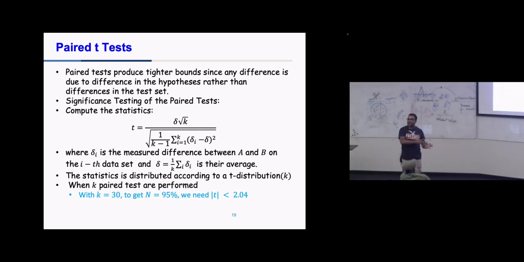You can compare your statistic against that table and see whether it falls in the range or not. Okay? So just use that formula. For example, if you have 30 examples, so 30 accuracy pairs, and to get a 95% confidence interval, what you need to show is the absolute value of t is less than this.